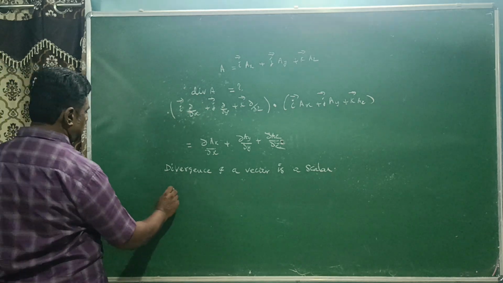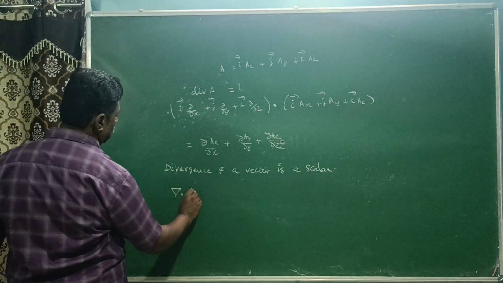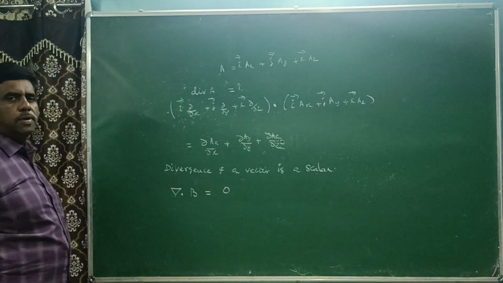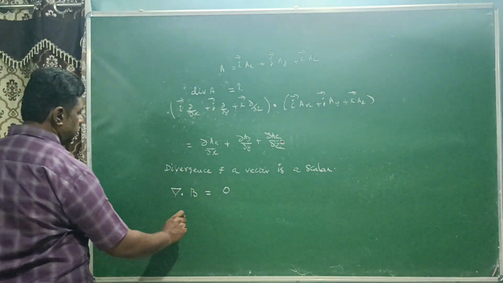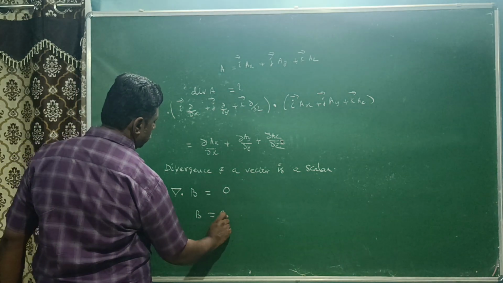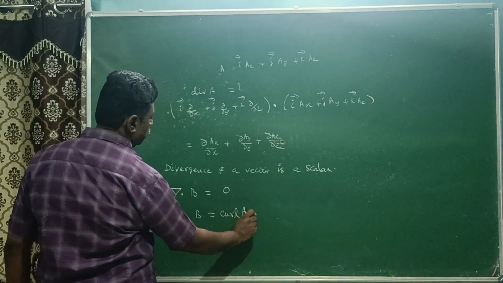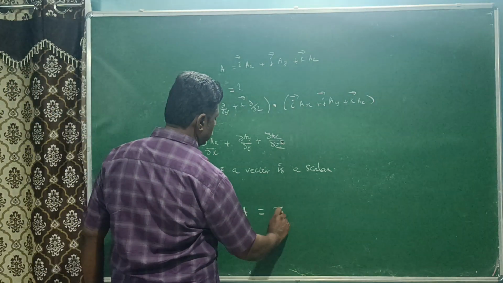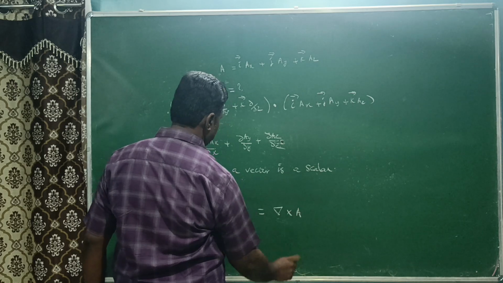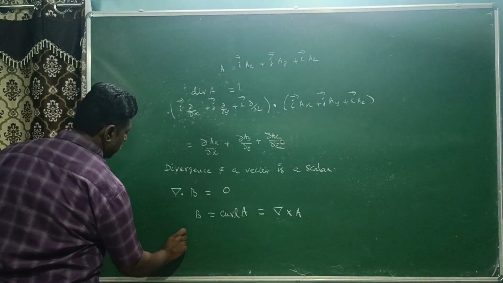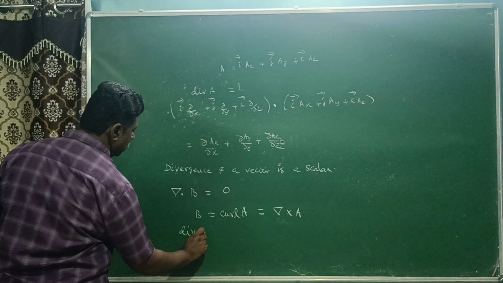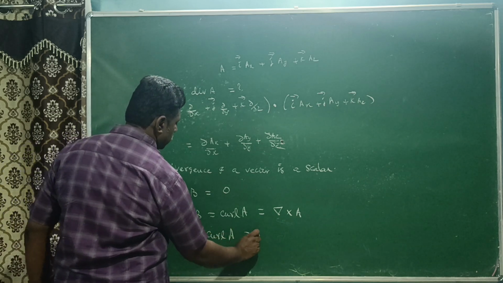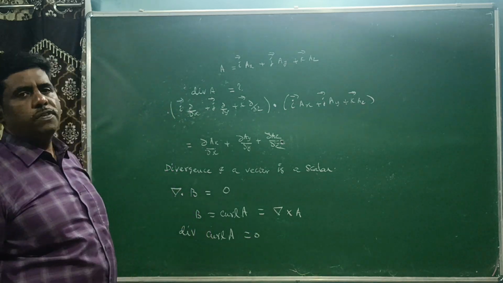In the case of Gauss law of magnetostatics, you know that div B equals 0. Automatically, you may write B equal to curl of a vector potential, B = del cross A. This is a vector identity: div of curl of a vector is equal to 0.